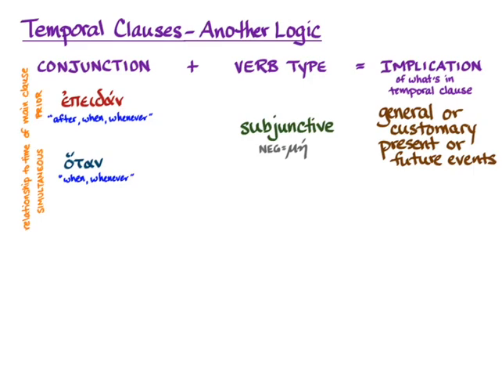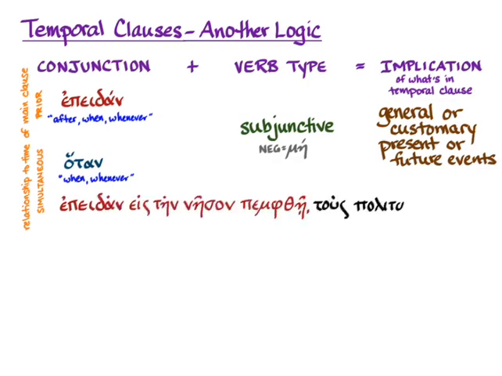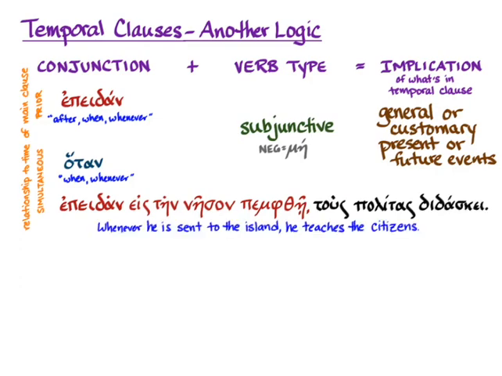With the subjunctive, it's going to be the same sort of thing, except it's going to be general or customary events in the present or the future. So, for instance, epeidan eis tēn nēson pemphthē, tous politas didaskei. And that's going to be whenever he is sent to the island, he teaches the citizens.